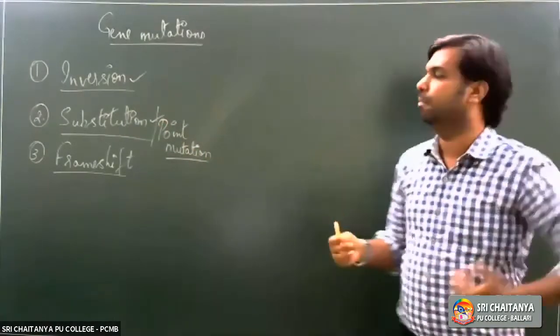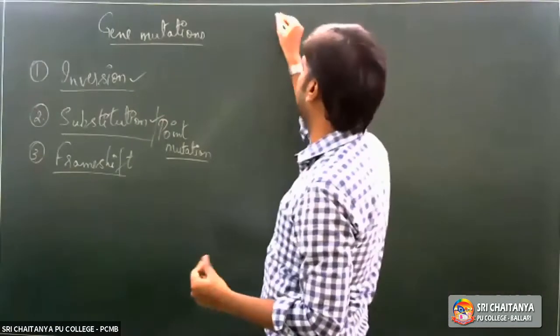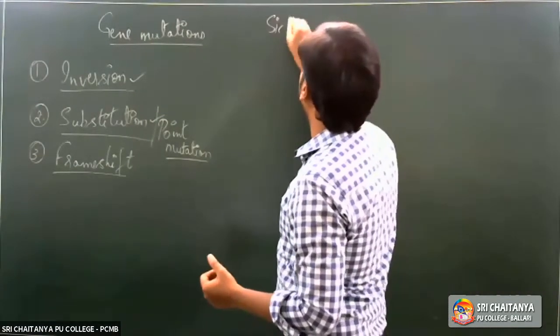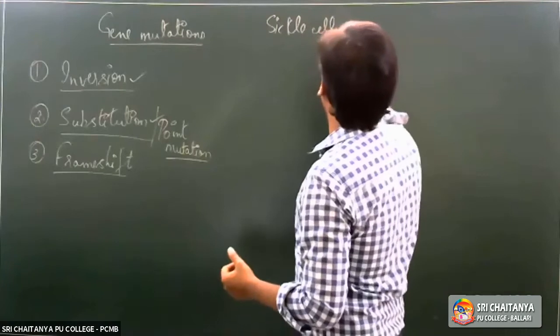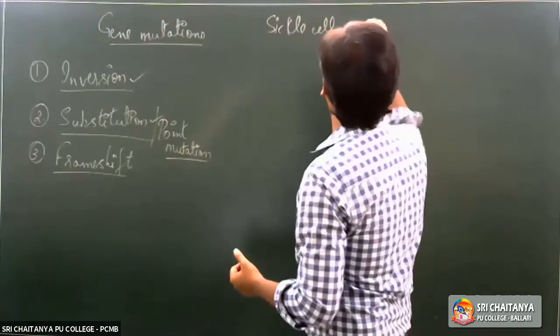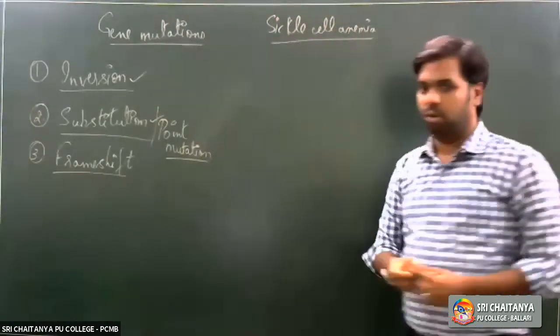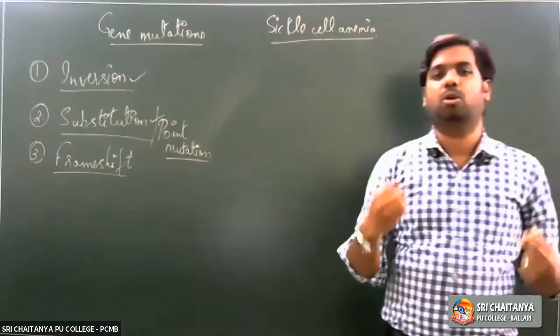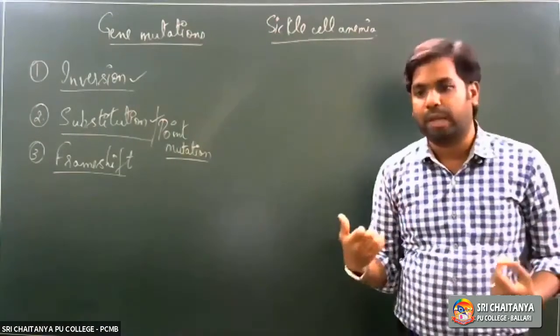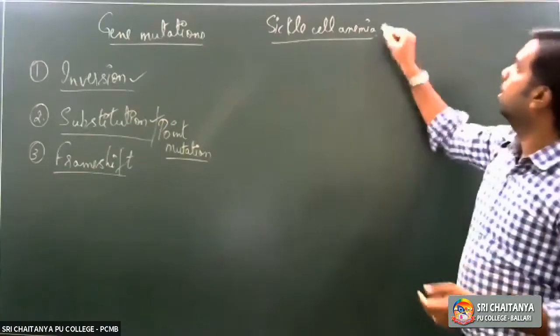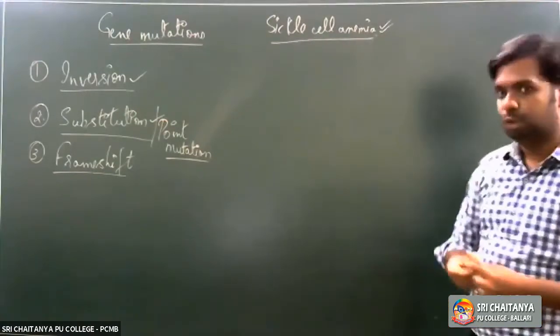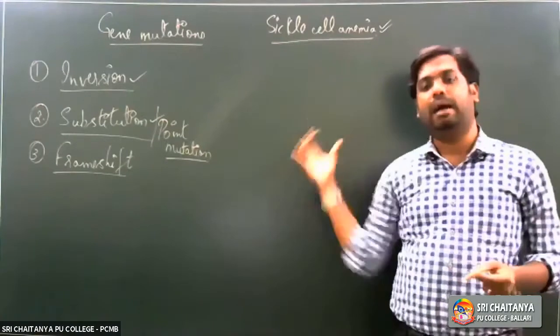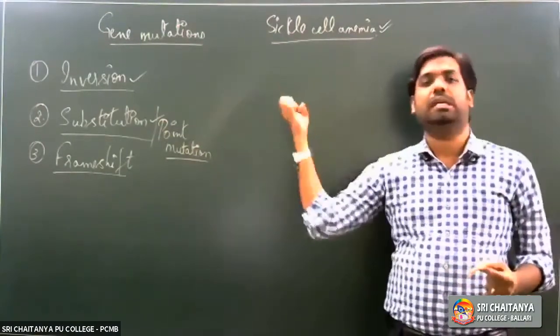Let us take up an example we have already seen in the previous classes, which is sickle cell anemia. I hope all of you remember sickle cell anemia. If you recollect, we saw it while discussing a topic called pleiotropy, right? What happens in sickle cell anemia?